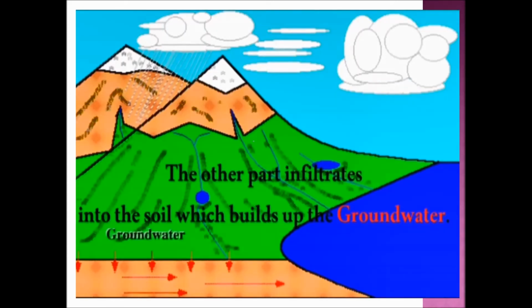Then the other part infiltrates into the soil, which builds up the groundwater. Infiltrate means it penetrates into the soil, and such water forms groundwater.